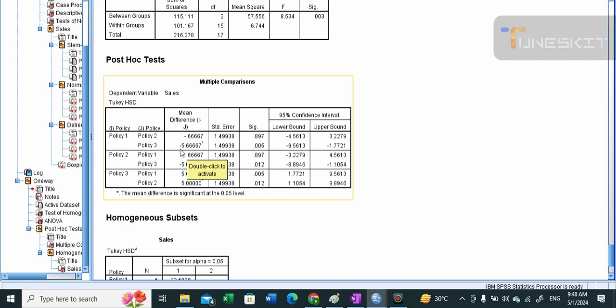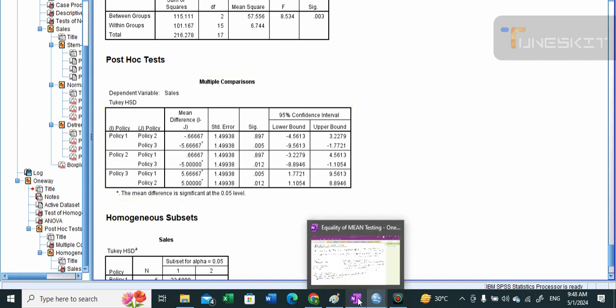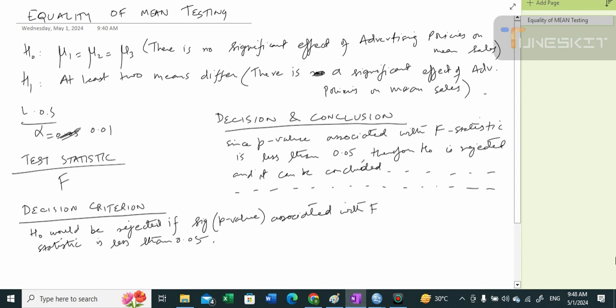So sign of mean difference is minus, and minus indicate that mu1 minus mu2 comes up, mu1 minus mu3 comes up negative, and it can be deduced as mu1 is less than mu3.